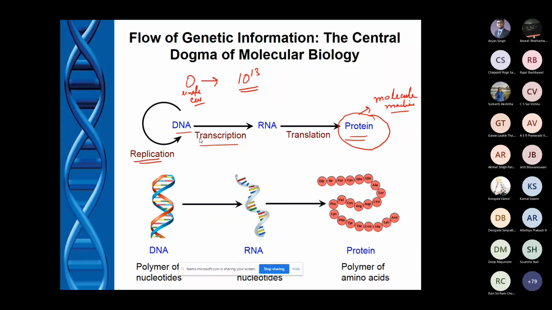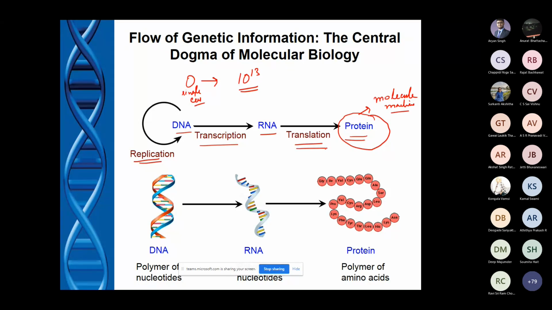And this RNA is intermediate between DNA and protein. So RNA is called the operational molecule. DNA is strictly informational and RNA is operational. RNA is intermediate between DNA and protein, and finally, proteins are the molecules which will function. So this step is called translation.